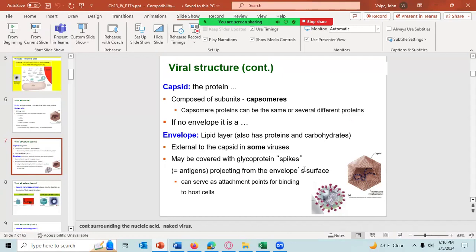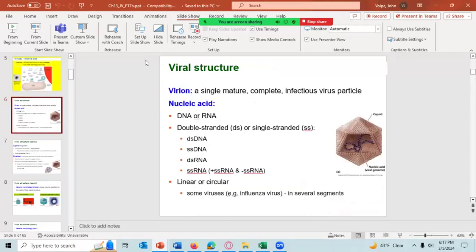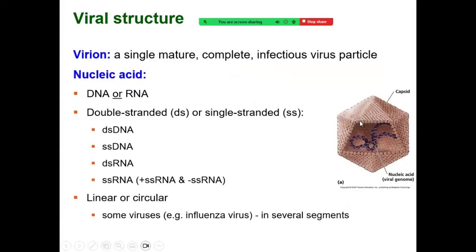All right. The capsid is the protein coat that surrounds the viral genome. So here we have a protein coat surrounding the viral genome, and that's called the capsid. The capsid is composed of capsomeres. Let me go back up and blow this up. So here's the capsid.